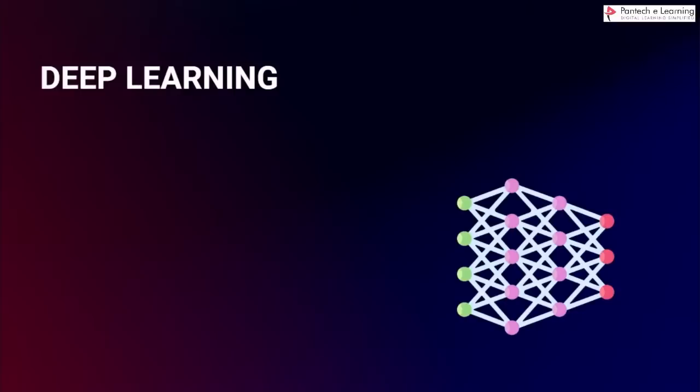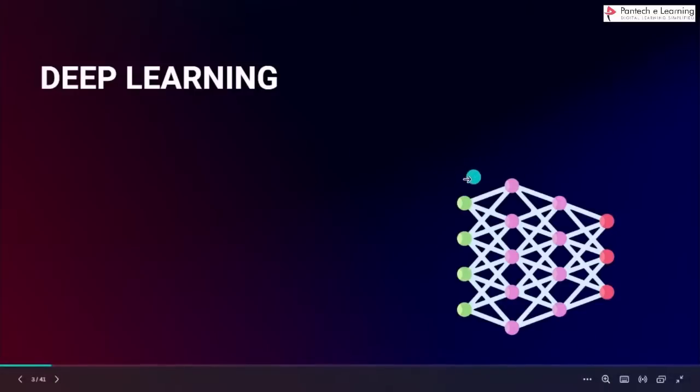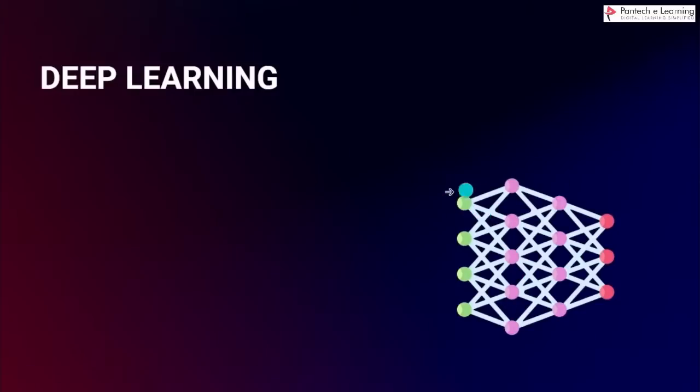So what are these neural networks? These neural networks are a combination of neurons. Deep learning or neural networks are created to mimic human brain activity. In our brain, we have neurons, and they combine to form a neural network. Similarly, when you see a neural network, you'll see images like this where the nodes are nothing but neurons, interconnected.